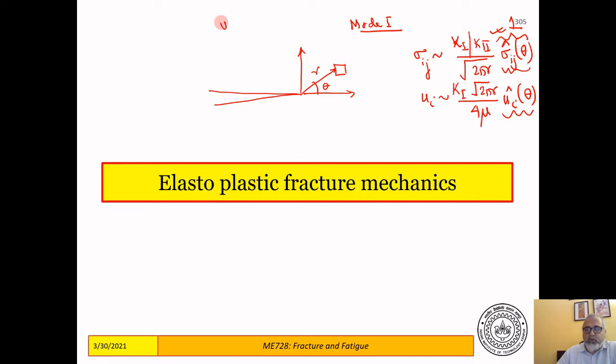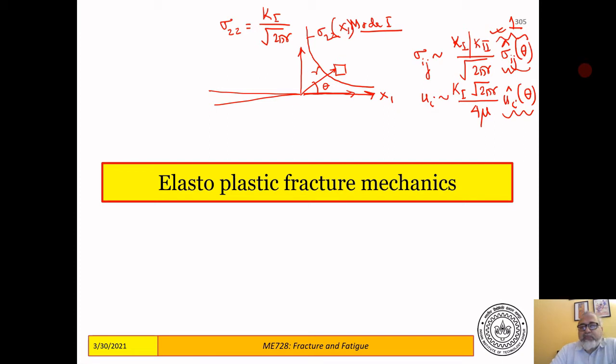So sigma 2,2 along theta equal to 0, which is this line, the x1 axis, is going to vary as k1 by root 2 pi r only, and that looks somewhat like this. So your sigma 2,2 is going to vary like this with x1 in front of the crack tip.